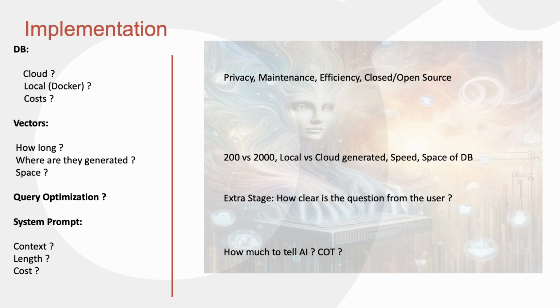The issues, the questions you've got to answer. Query optimization is an important one. How clear is the question from the user? You can imagine that a user might write in an obscure way that may not be very clear to the vector database in terms of what it's trying to match.